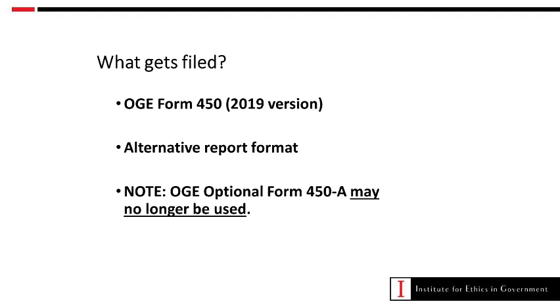One final note, though, and I do want to emphasize this, is that the OGE optional form 450A may no longer be used. We have discontinued the use of that form.